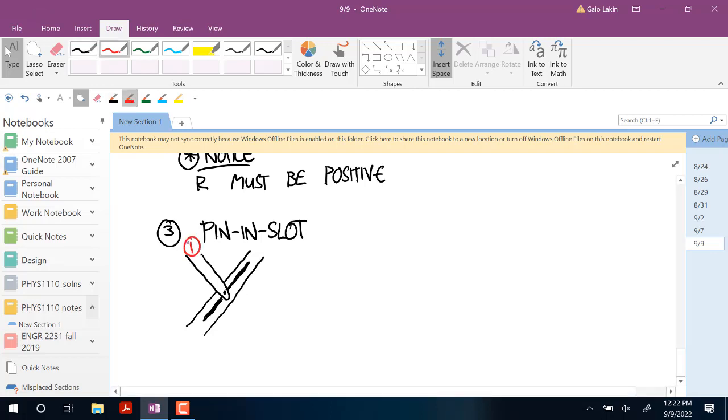So this is body one, this is body two. Free body diagram of body one: if this is the direction of the slot, the force has to be perpendicular to that.